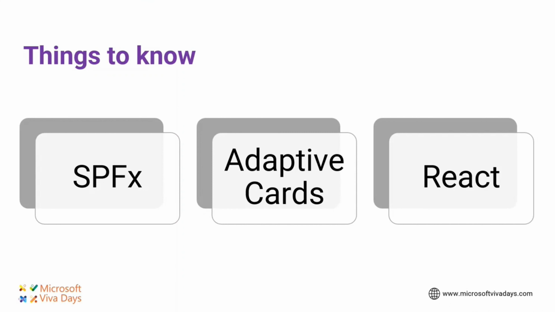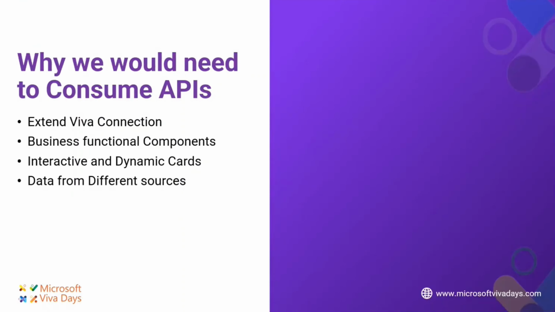So as soon as we choose to create an adaptive card extension, the SPFx Yeoman generator will not allow us to choose the framework, and by default it will create the required classes and the code structure using React. So you should know the basics of React, such as how to use properties and state, right?